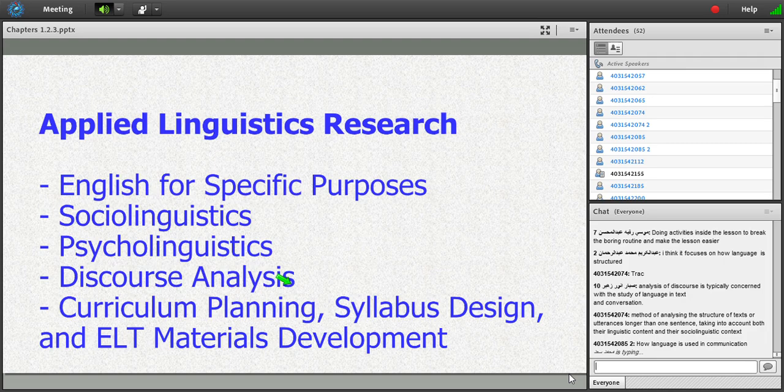That's right. The structure of text or utterances longer than one sentence, the content and sociolinguistic context. Good. How language is used in communication. Exactly. For example, I want to see what structures the scientists use when they present lectures in international conferences.